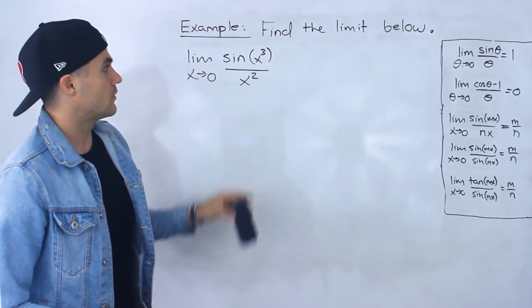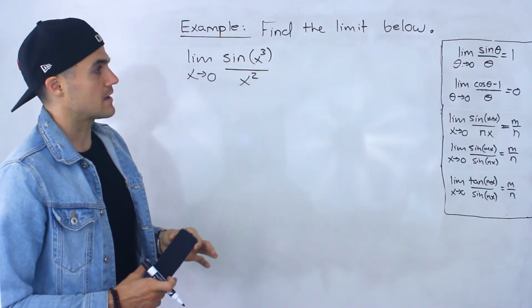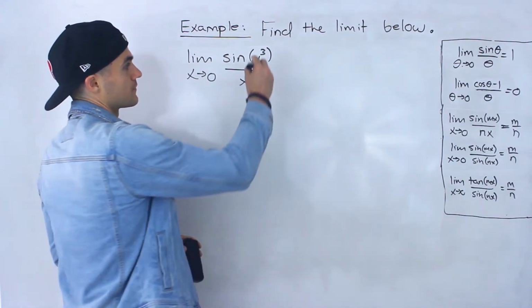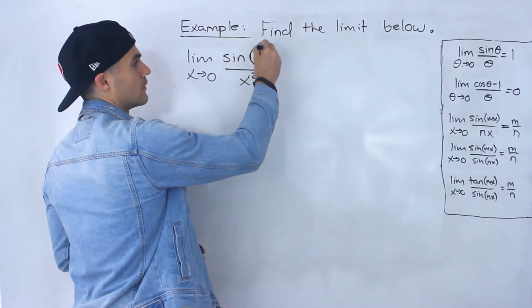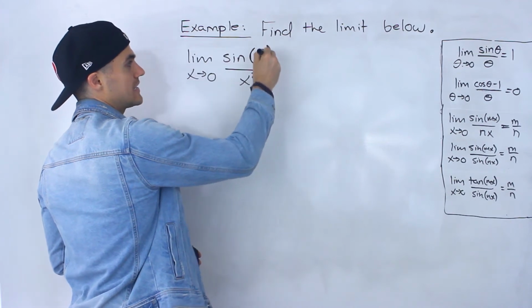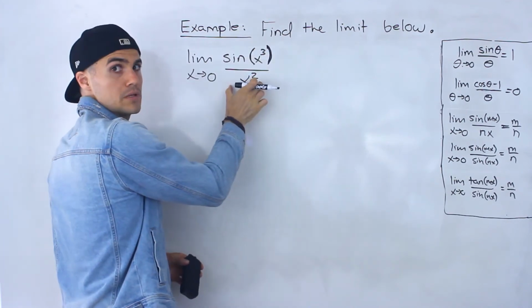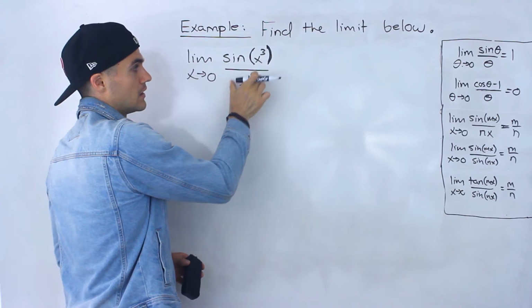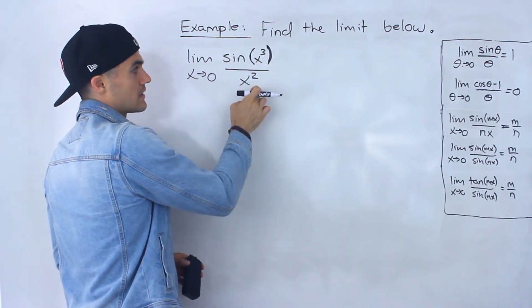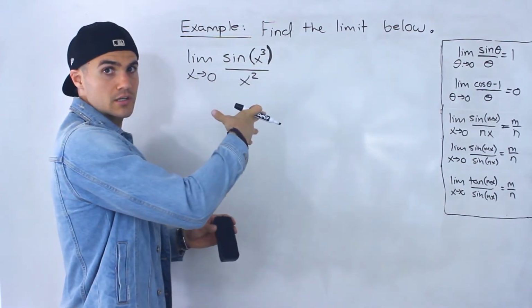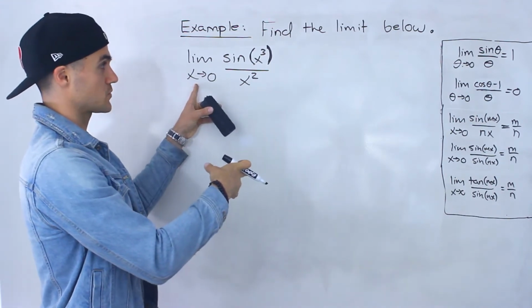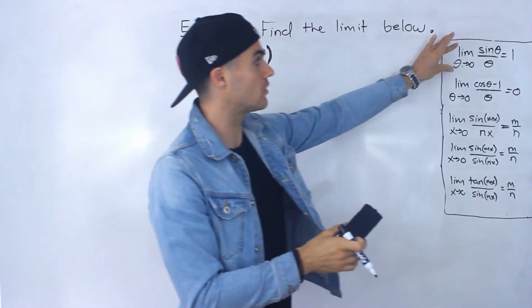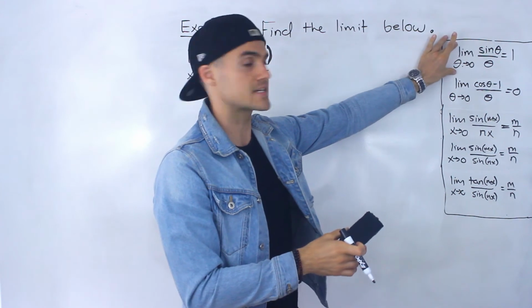Now, as we've been doing in the previous examples, what we want to try to do is have whatever expression is here also be in the denominator. Because if that happens, as long as that expression is going towards 0 as x goes towards 0, we could do a change of variable and change it to this here.